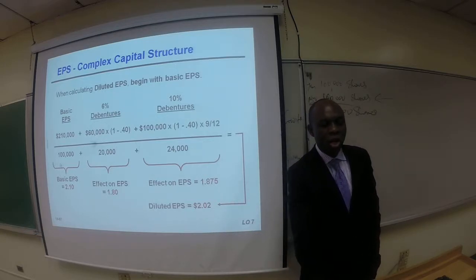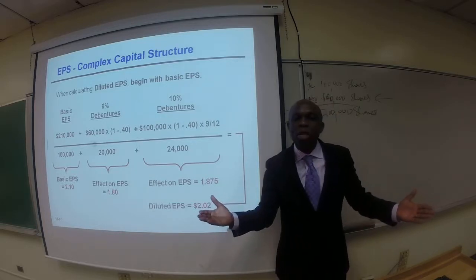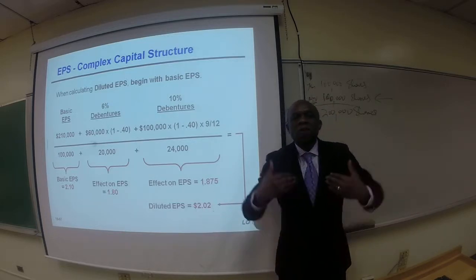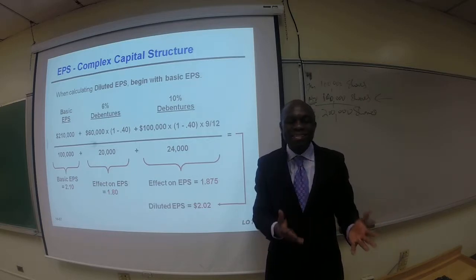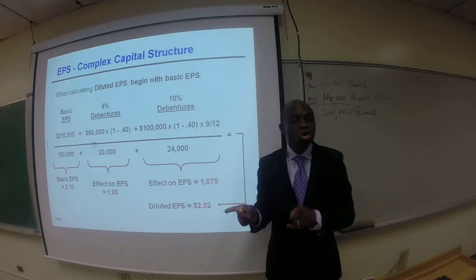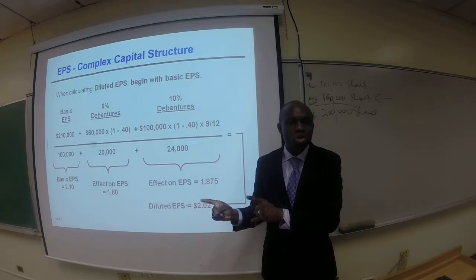Obviously, look at this. The basic EPS is $2.10. The diluted EPS is $2.02. So what are we saying here? For a potential investor, you know that the EPS of this company is $2.10. You also know that there are some securities that could be converted to common stock.